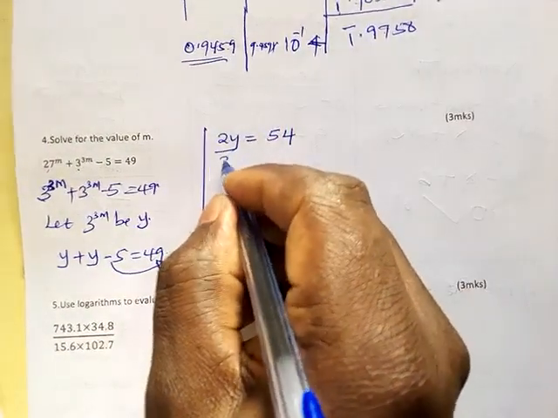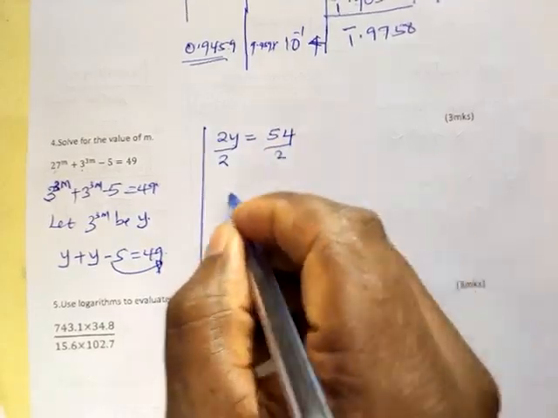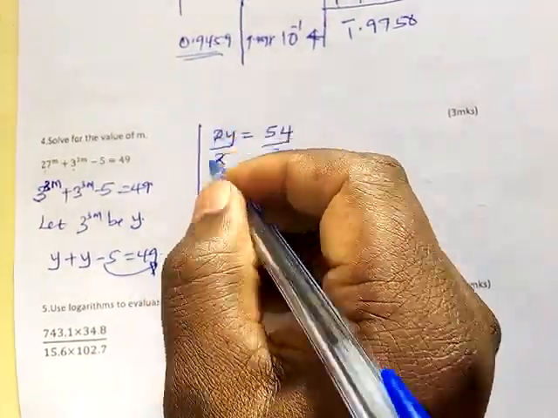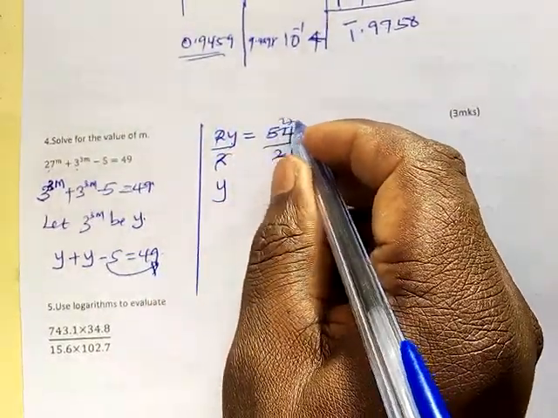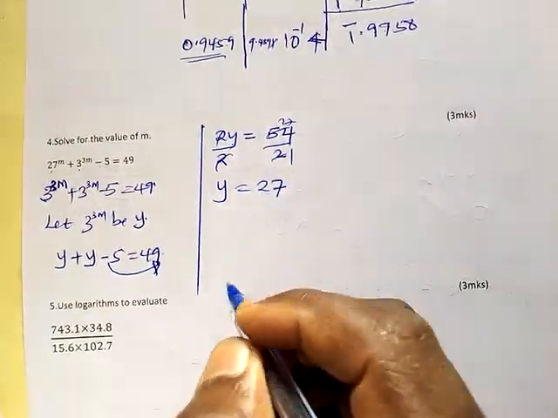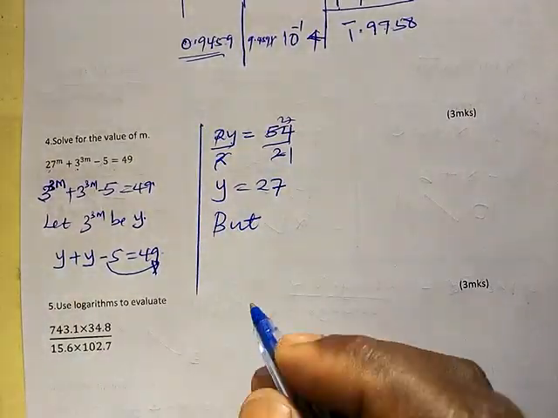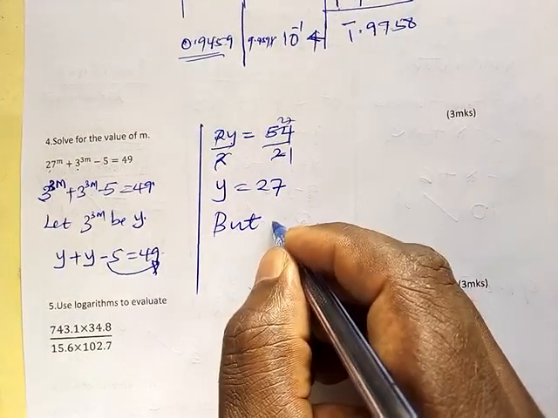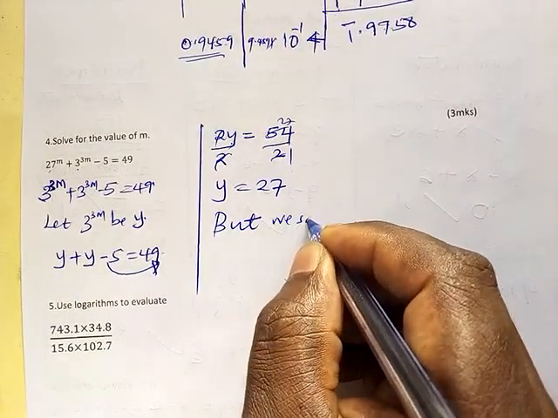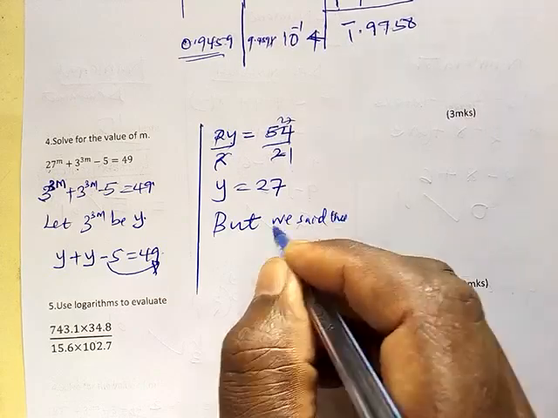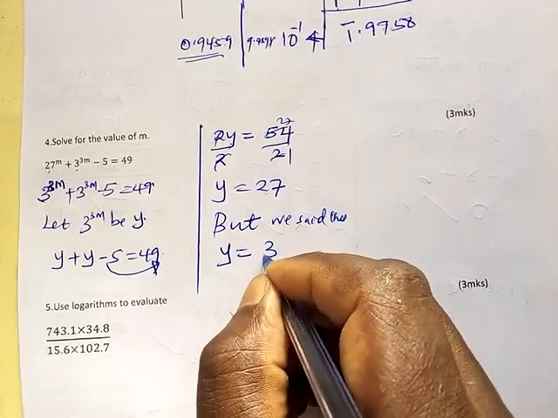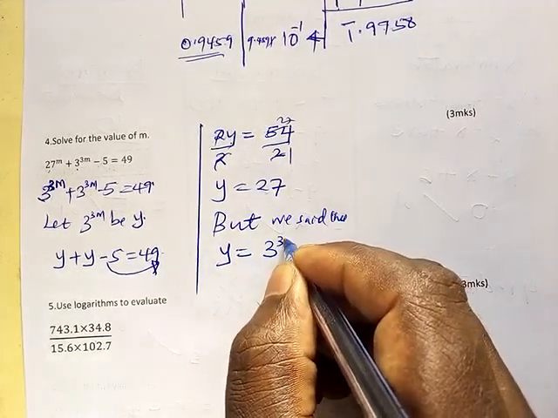So you divide by 2. We want the value of y. Divide by 2. So y equal to 27. But we said that y equal to 3 raised to 3m.